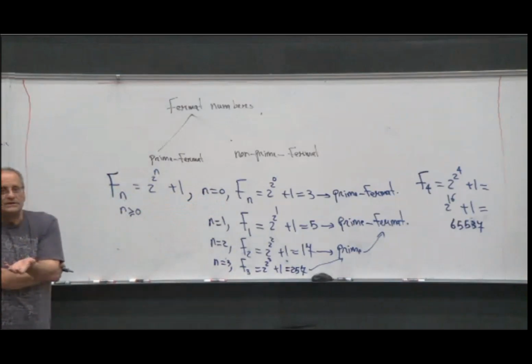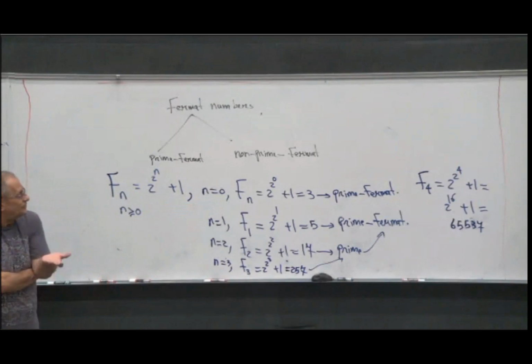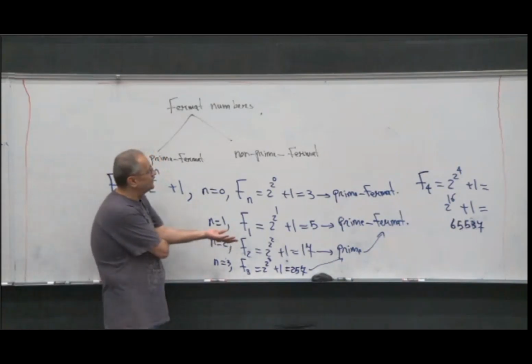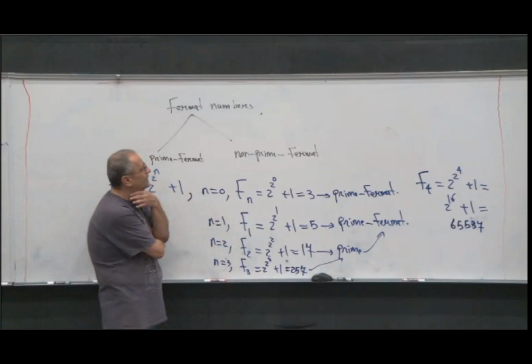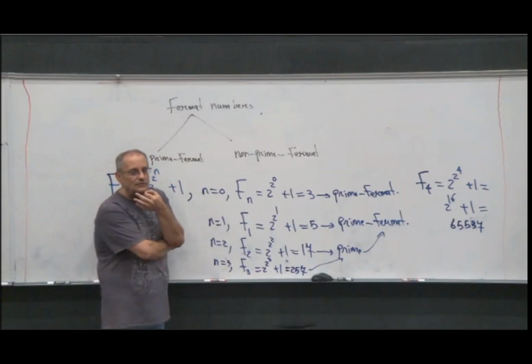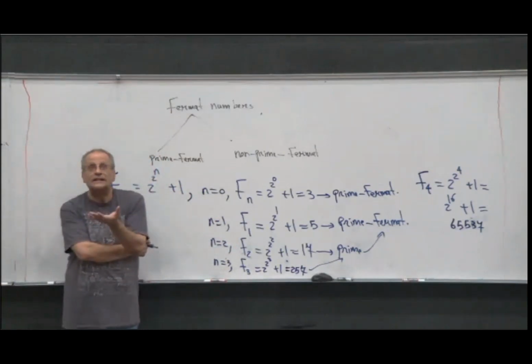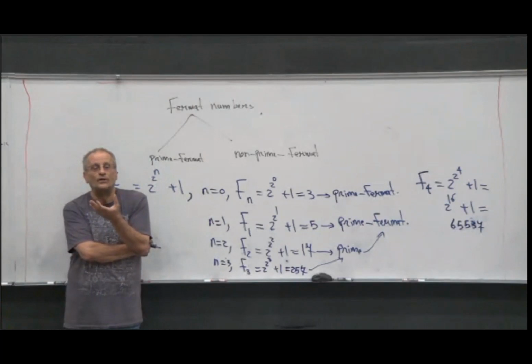So the question is unanswered, and if somebody wants to, and maybe it's not a laughing matter, anybody can attack that, but it's not easy to answer the question. How many Fermat primes do we have? Are there finitely many or infinitely many? We don't know. We don't know.